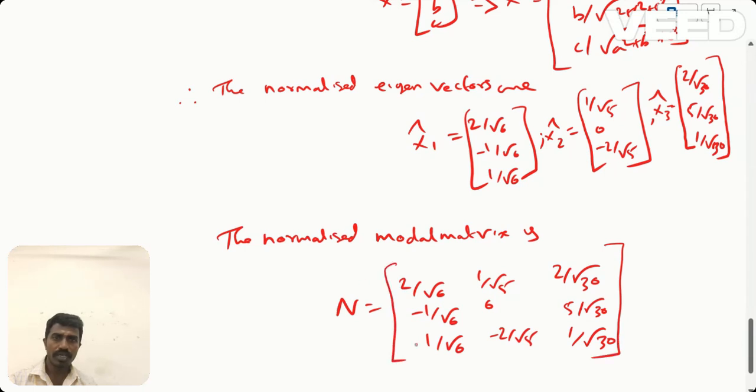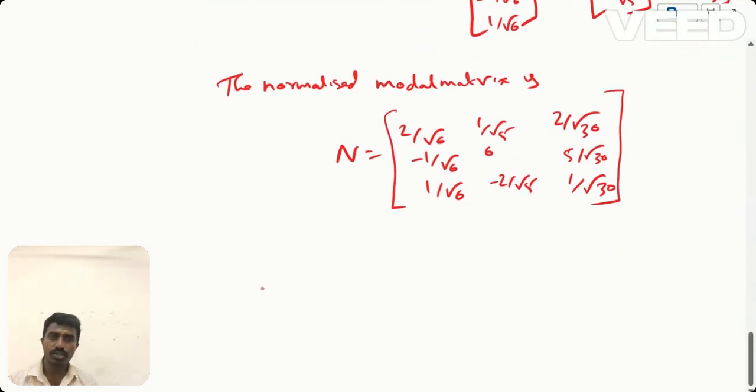Now find N transpose A N. A is the given matrix. N is this normalized model matrix. This is an orthogonal matrix. If you want, you can check this is an orthogonal matrix.